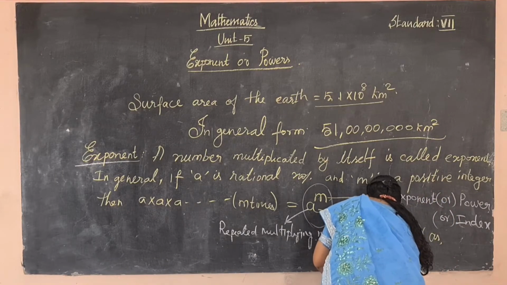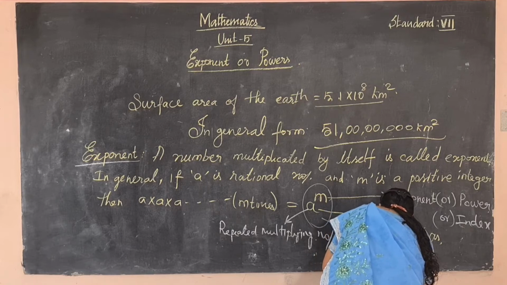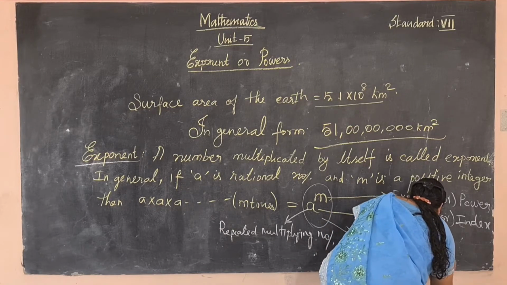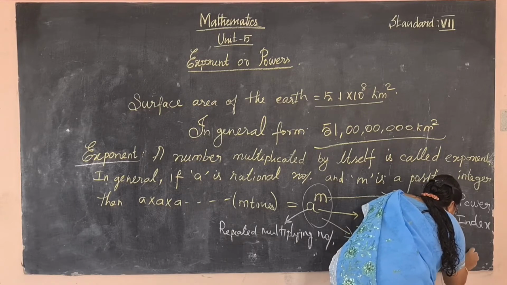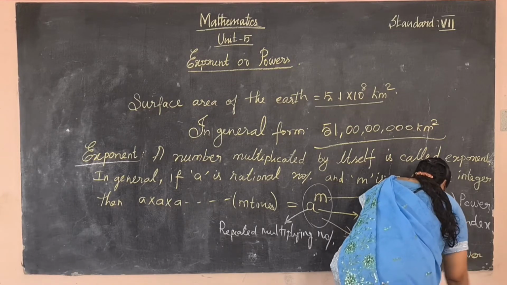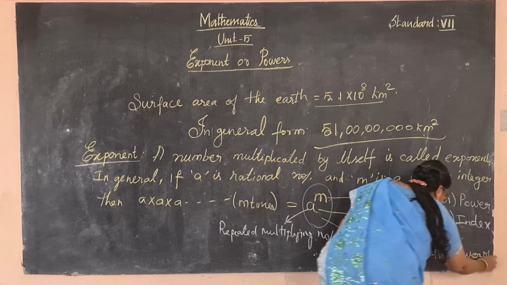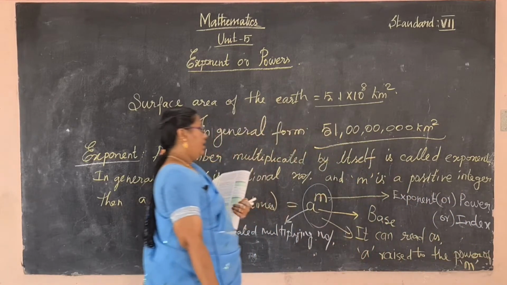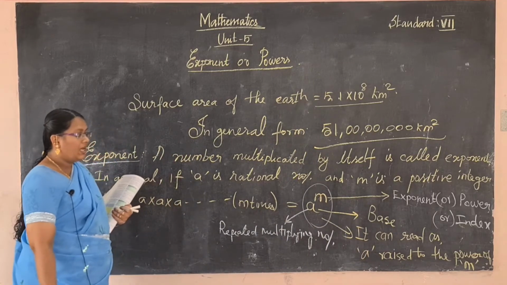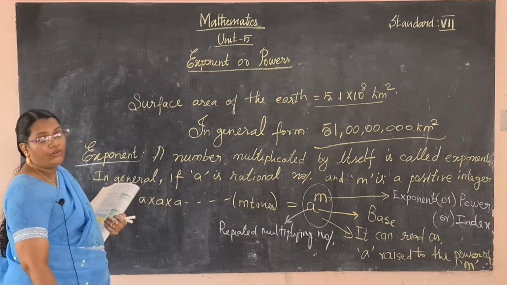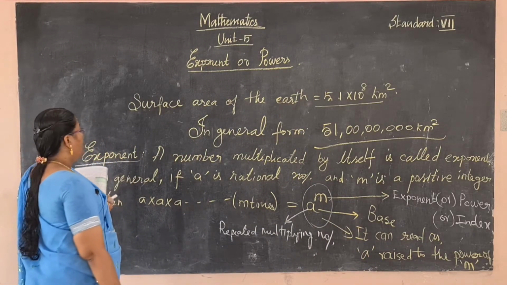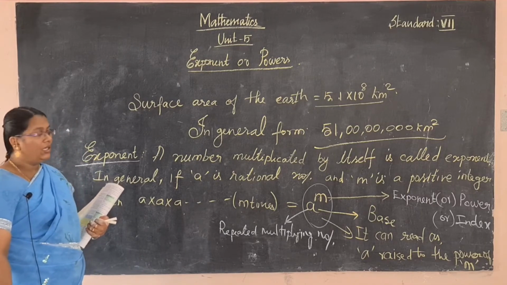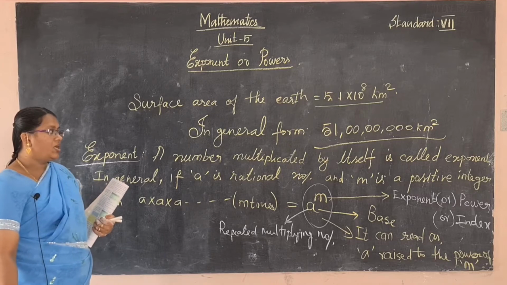A raised to the power of M. Okay, so the definition of the exponent is a number multiplied by itself is called the exponent.